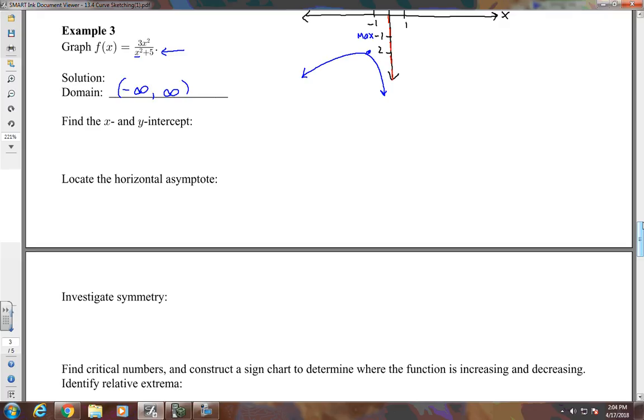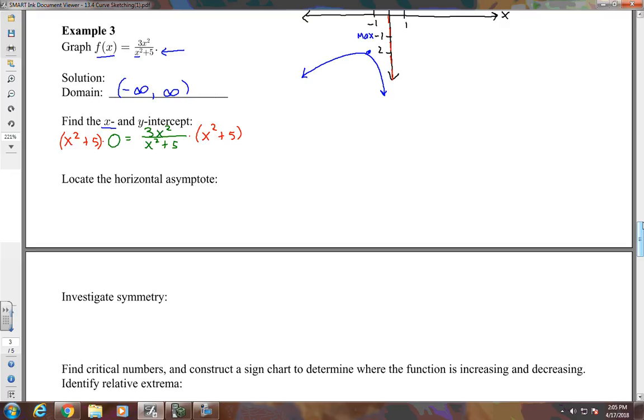Next, let's find the x and y intercept. Well, if I want to find the x-intercept, I'm going to set y equal to 0. So we need to solve 0 equals 3x squared over x squared plus 5. If I multiply both sides by the denominator in order to cancel it, I get a much easier equation to work with.